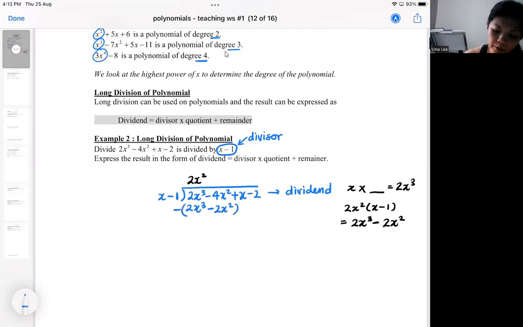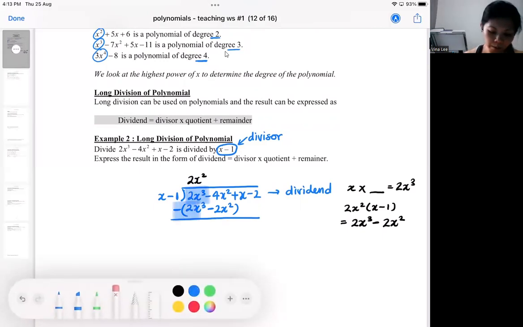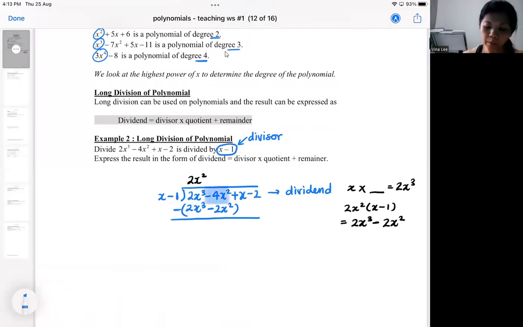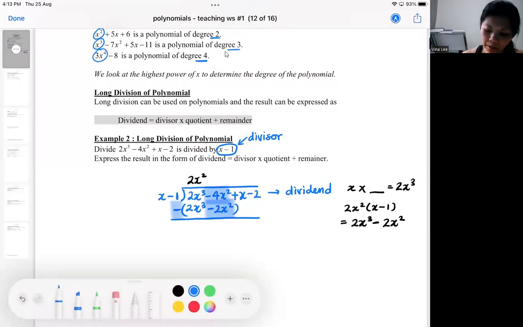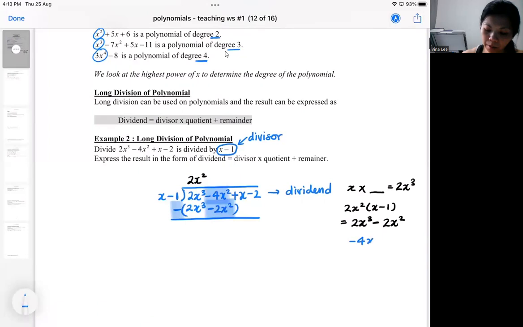During the subtraction, you have to subtract carefully. 2x cubed subtract 2x cubed will usually disappear. It is the second one that is usually a bit more confusing. Take a look: minus 4x squared minus minus. A sign error can be made quite easily.